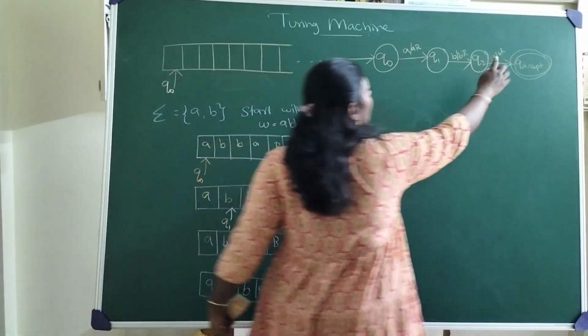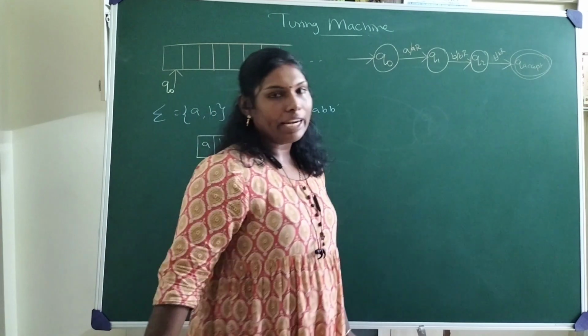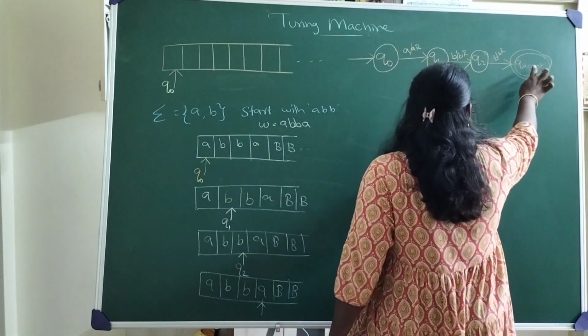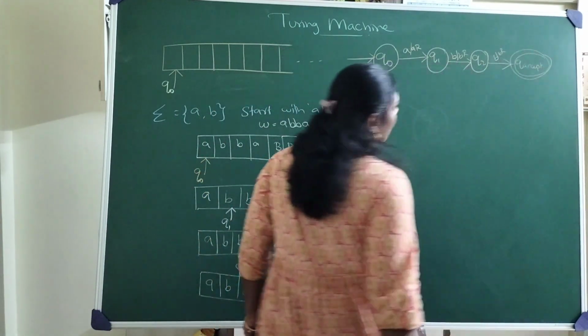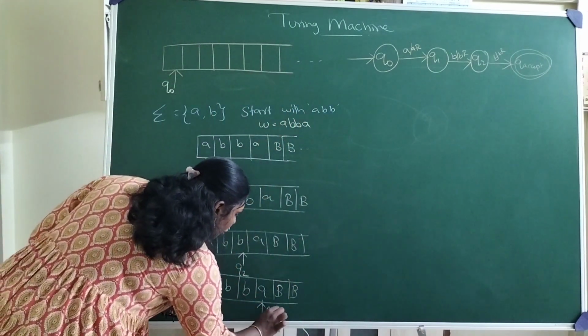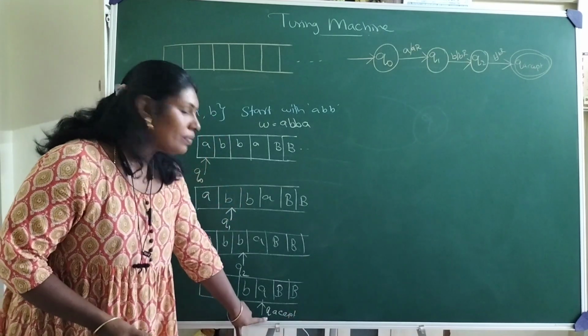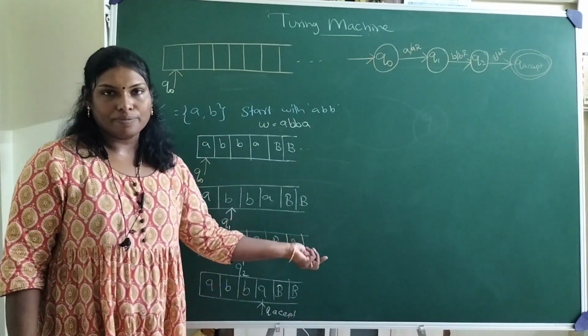Since I have written the transition, once we are going for an acceptance state, we can either move right or left, it doesn't matter. Since I have written it as a right side move, I am writing a transition like this. So Q2 when the input is B, we are going for the Q acceptance state. And whenever your transition enters into the Q acceptance state, your Turing machine stops.